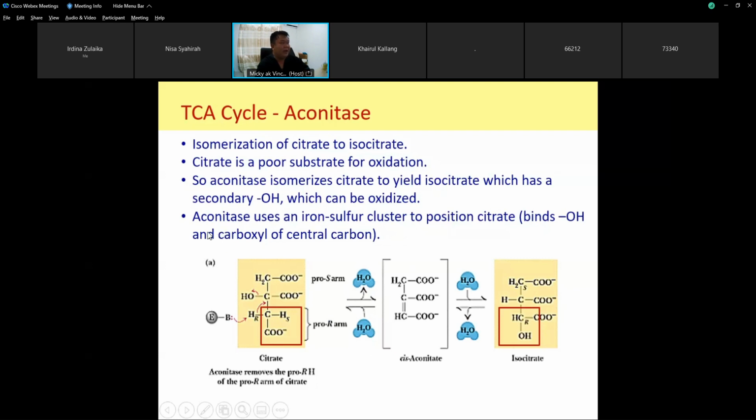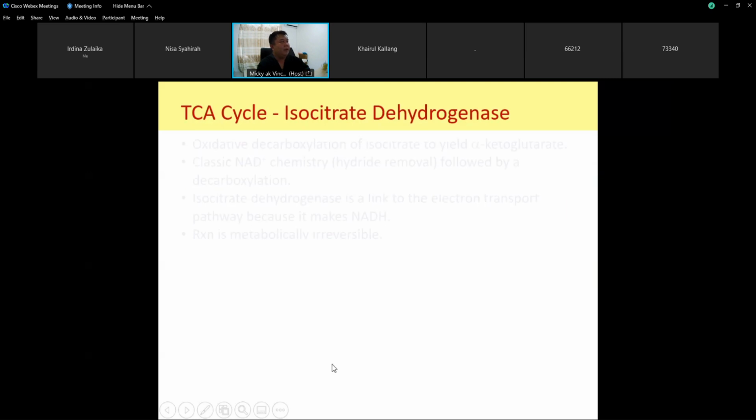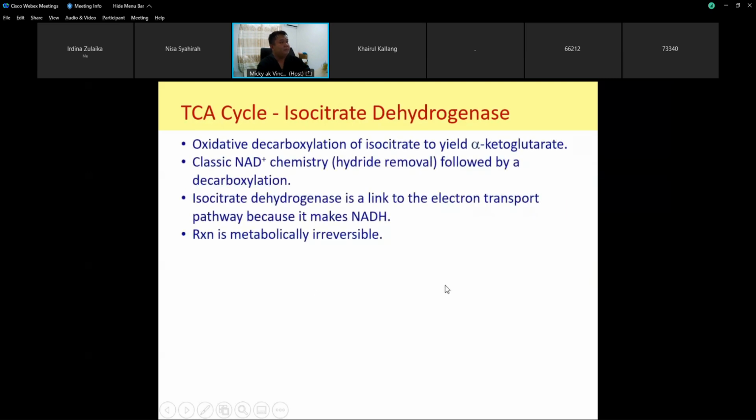Now aconitase is an iron sulfur cluster enzyme, and it will mediate this reaction, basically just to add the OH to the citrate. Next, from isocitrate to alpha ketoglutarate, you will have oxidative decarboxylation of isocitrate to produce alpha ketoglutarate.